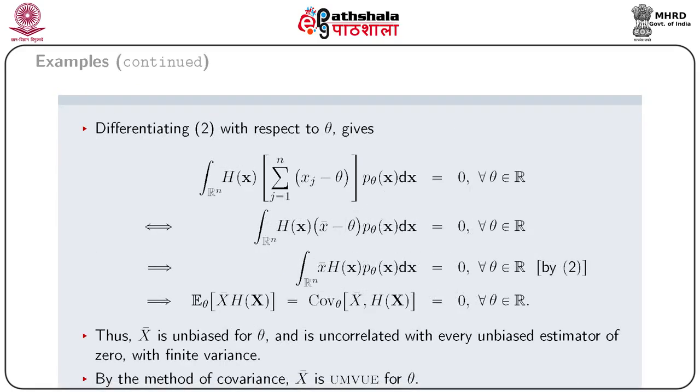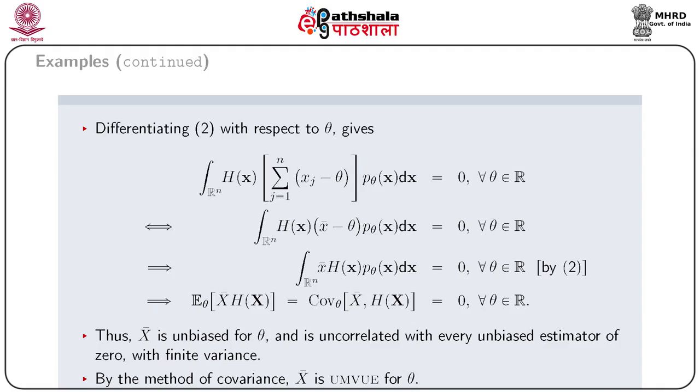Differentiating with respect to θ, we get ∫ h(x) Σ_{i=1}^n (xi − θ) f_θ(x) dx = 0 for all θ, which implies ∫ h(x)(x̄ − θ) f_θ(x) dx = 0 for all θ, which implies ∫ h(x) x̄ f_θ(x) dx = 0 for all θ, since E[h] = 0 for all θ.